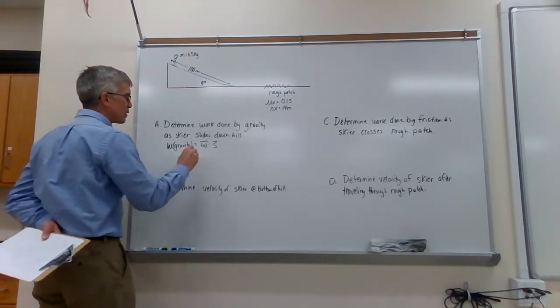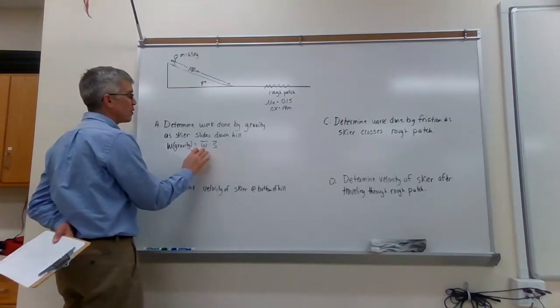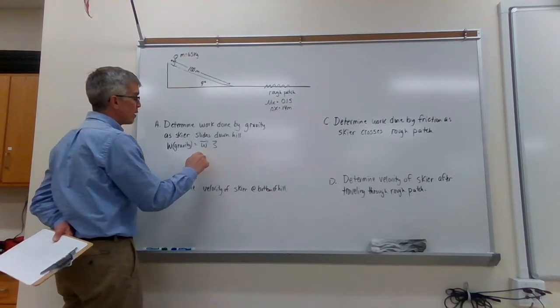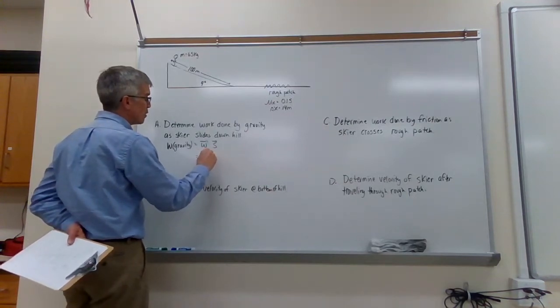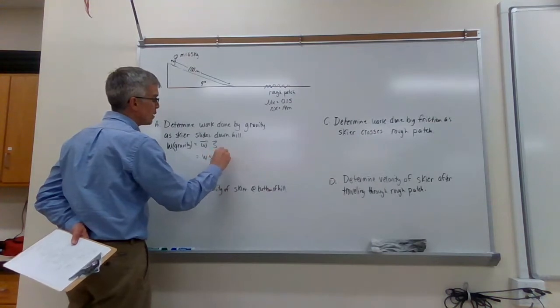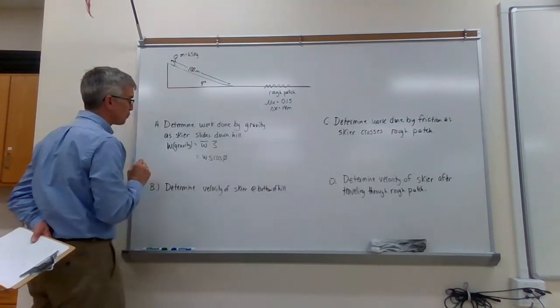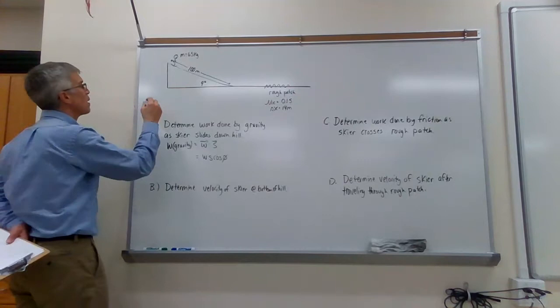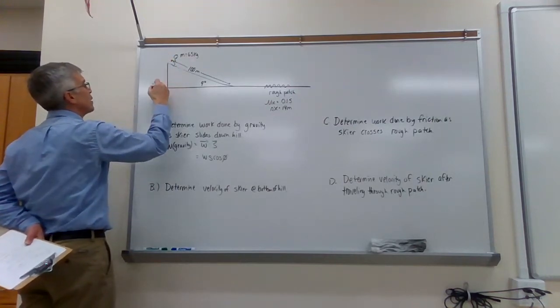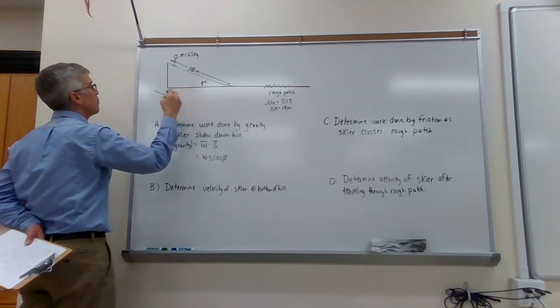Now, for the dot product, W dot S, we take the magnitude of W, multiply it by the magnitude of S, times the cosine of the angle between them. So if we look at this, the skier is going to travel this way.